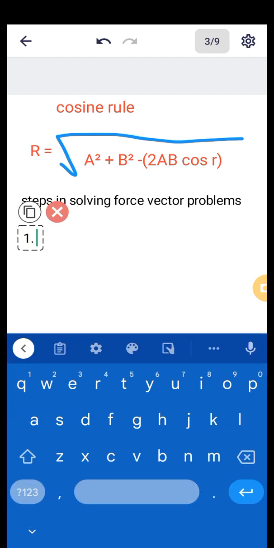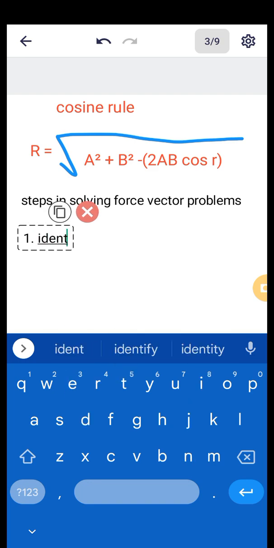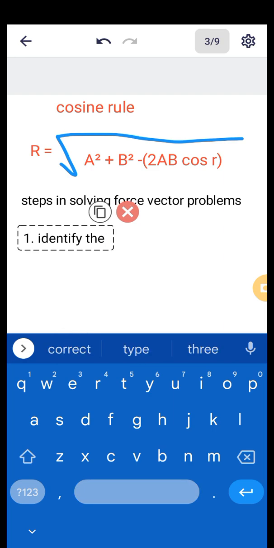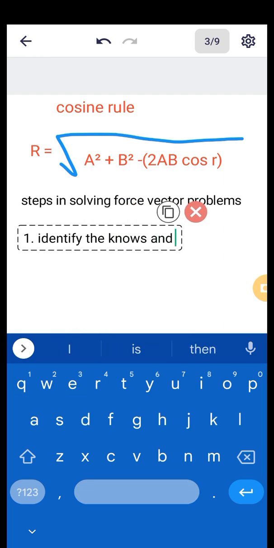Step one: identify the knowns and unknowns.